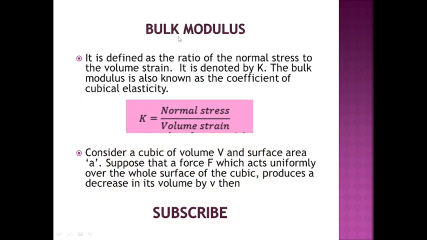So then another modulus, that is bulk modulus, that is related to volume. If we take the ratio of normal stress to the volume strain, then we call that the bulk modulus, which is denoted by capital K. If we consider a cube of volume V, surface area A, then the force F acts uniformly over the surface of the cube, which produces a decrease in volume.